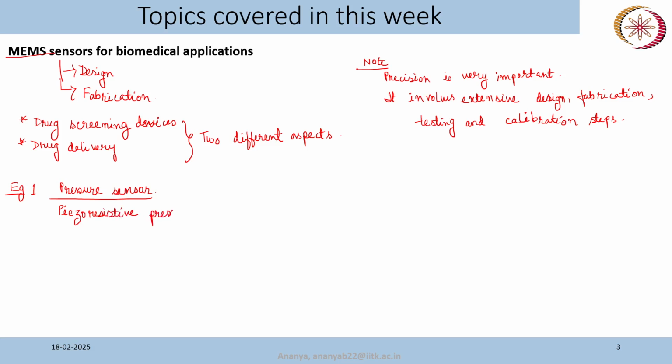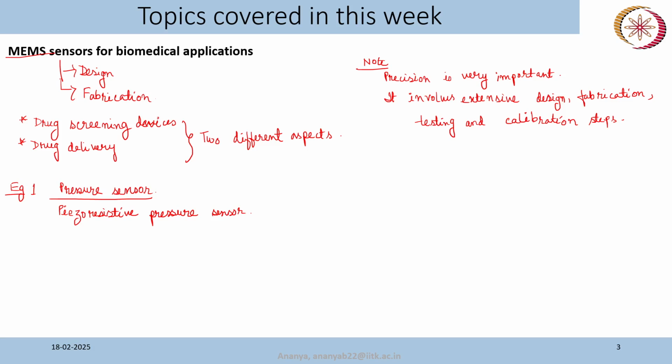So what does piezoresistivity mean? Piezoresistive materials are those materials where the resistance of the material changes due to applied force or pressure. Okay, so that is the working mechanism. You need a material where the resistance will change due to the application of force or pressure.